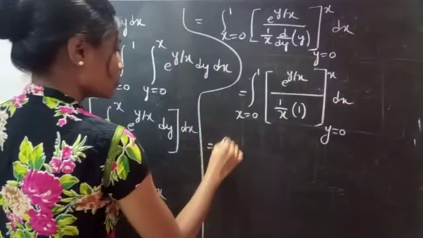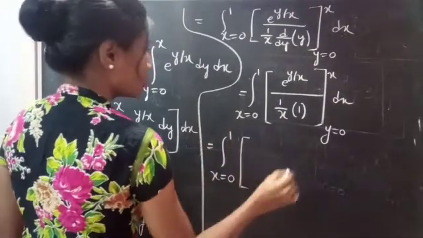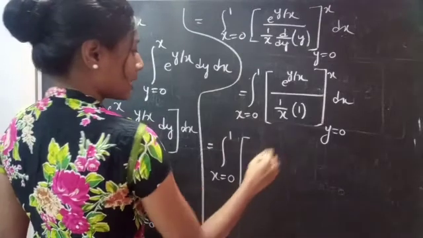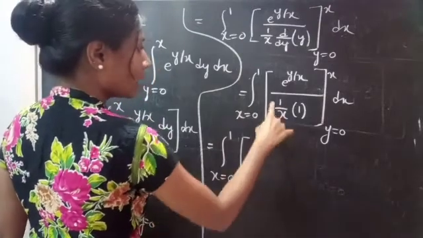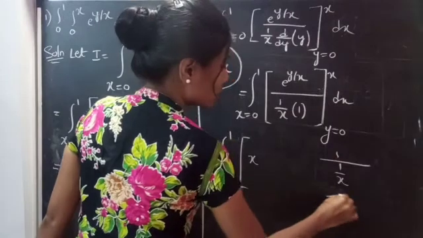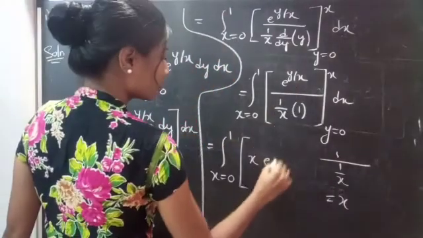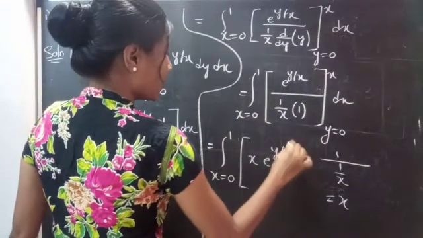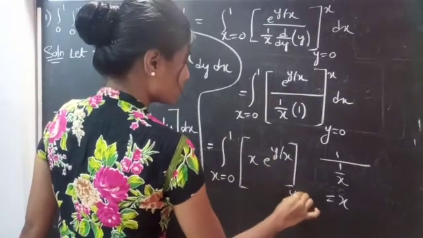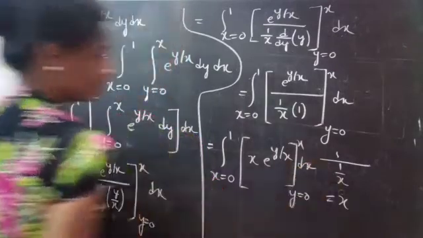So this equals integral x equals 0 to 1 into, 1 by x in the denominator becomes x in the numerator, so x into e power y by x under limits y equals 0 to x dx.